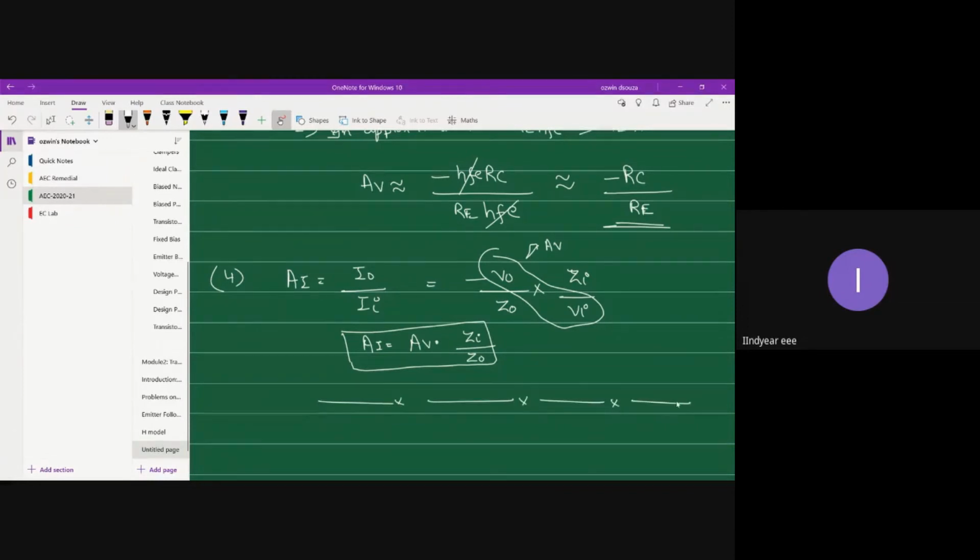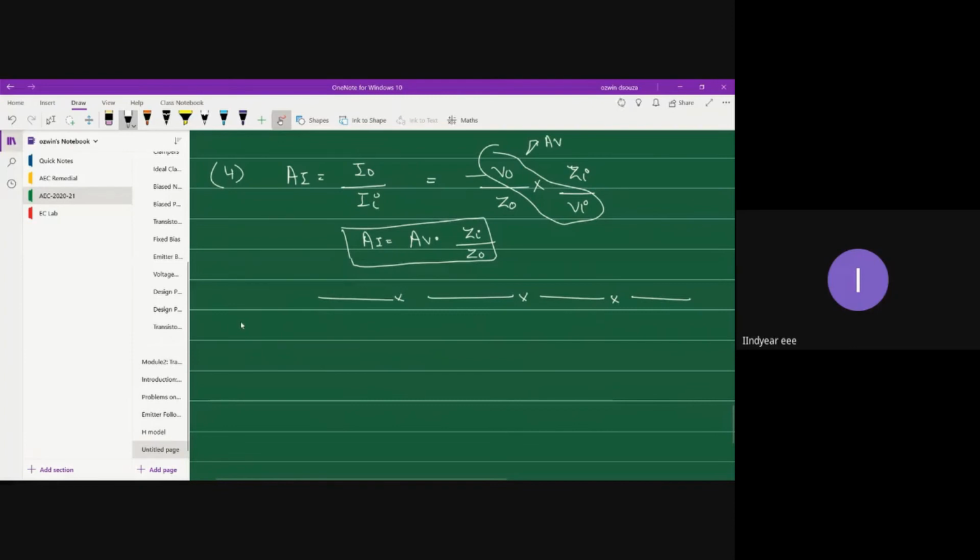So that's your H parameter analysis. Now, I have done the analysis of two circuits. So homework is going to be the fixed bias amplifier. Next, voltage divider bias amplifier without CE.